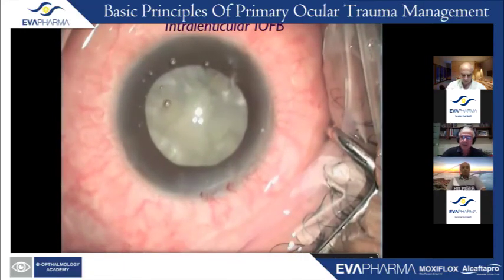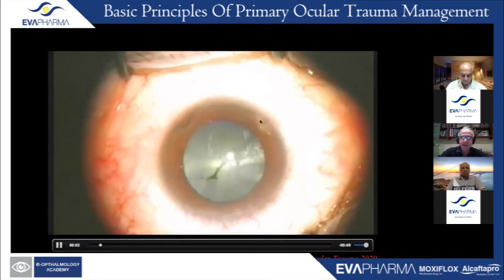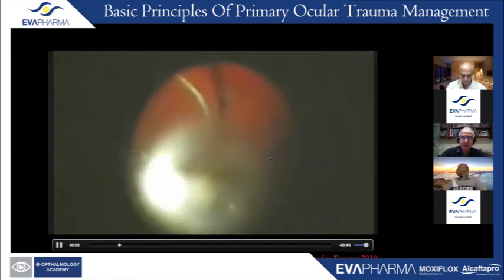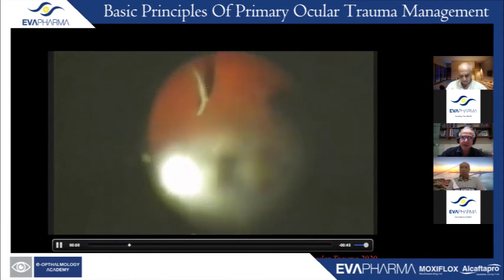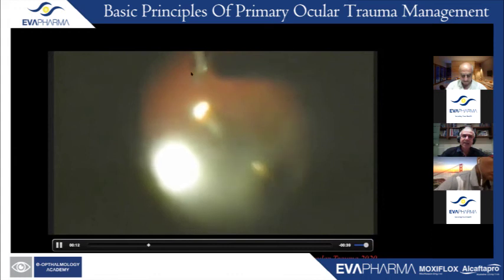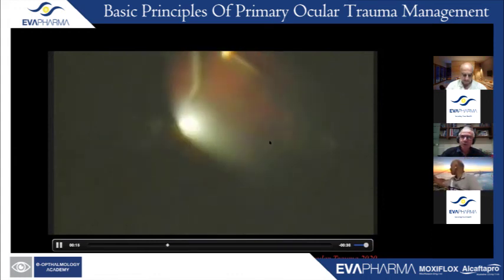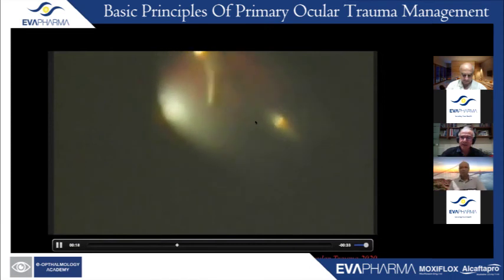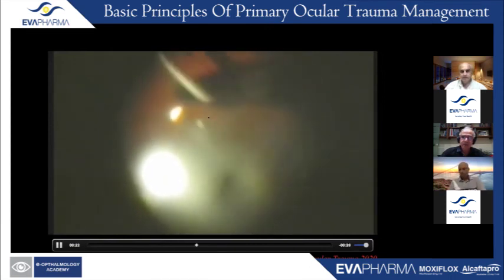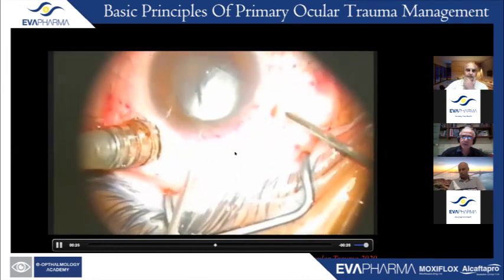Another patient here, this is a typical patient with a site of entry, cataract here. The foreign body is, as you see here, hanging in the vitreous cavity. The retina is normal, the macula is healthy, the optic nerve is healthy. So what you need is to remove the foreign body using different techniques.